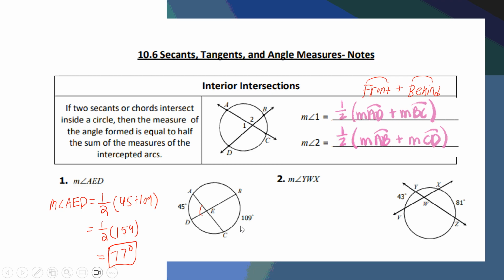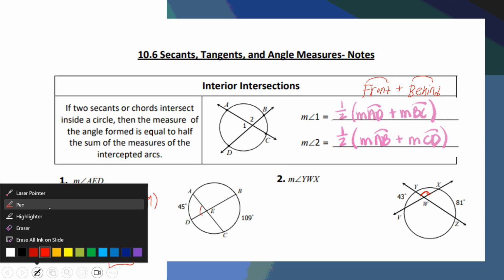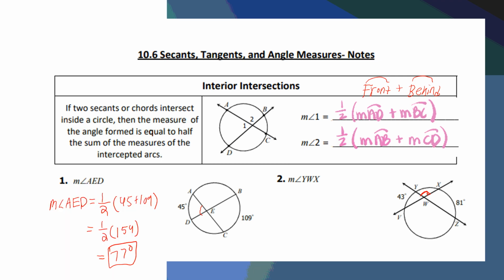Okay, we can look at example 2. So it wants you to find the measure of angle YWX. Okay, so YWX is this guy right here. So looking at what they've given you though, in order to find this and use this idea that we've gone over, you need the arc in front of it and the arc behind it.